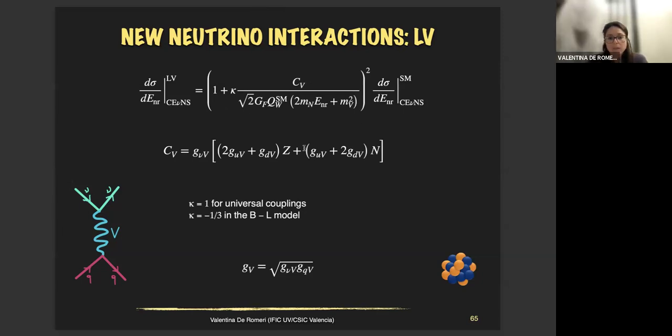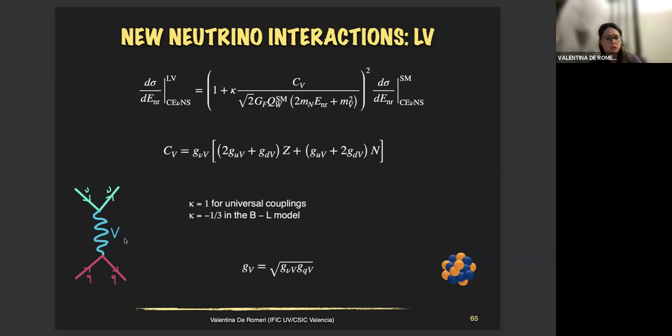This term will also depend on the particular model that we want to consider. We consider two of them. One is called the universal scenario, in which we basically assume that the mediator couples with equal strengths to the neutrinos and to up and down quarks. Of course, this is just a phenomenological scenario because it would not be anomaly free, but it's useful for phenomenological studies because the results can be easily translated into more sophisticated models.